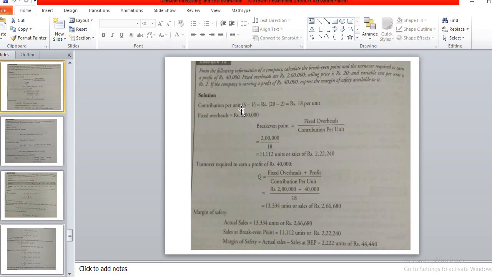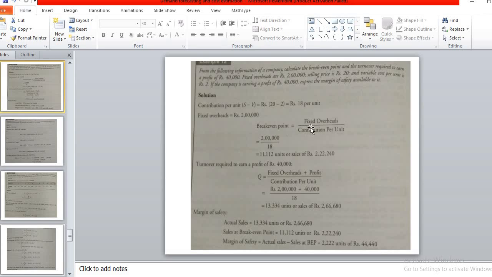First we find out the contribution per unit. Contribution per unit is selling price minus variable cost. This is 20 minus 2, which is rupees 18 per unit. Now fixed overhead is 2 lakh, which is given.